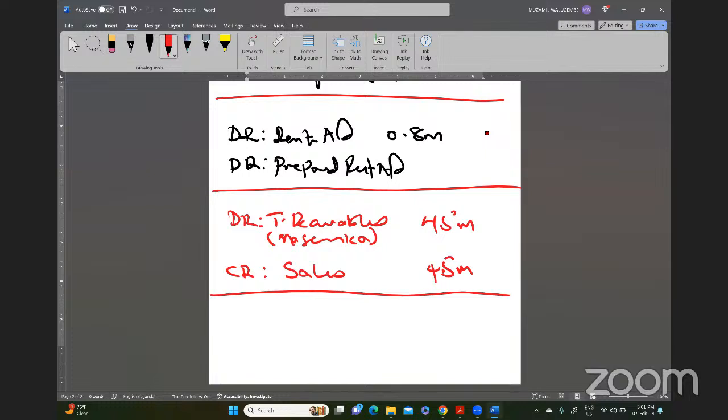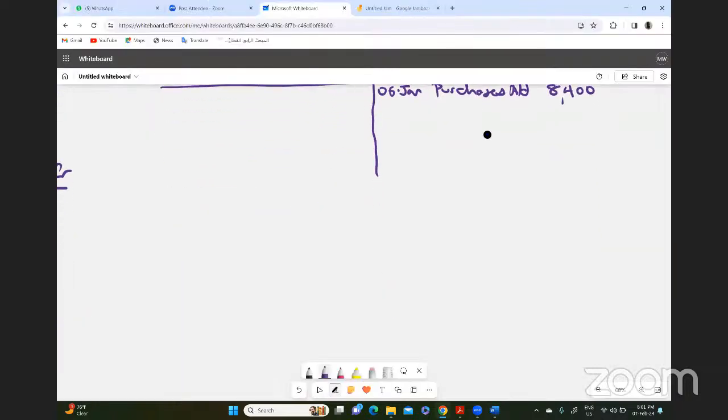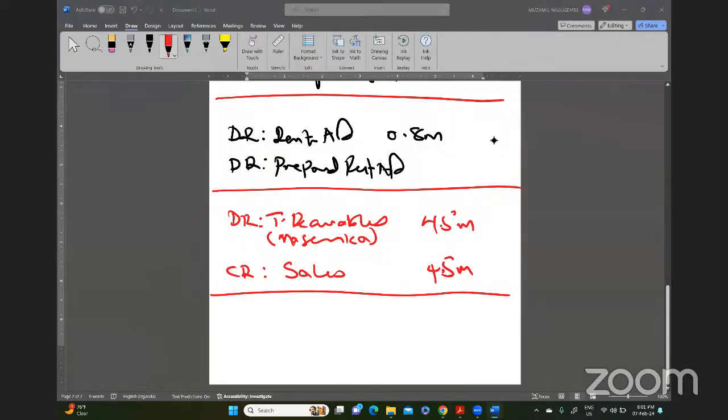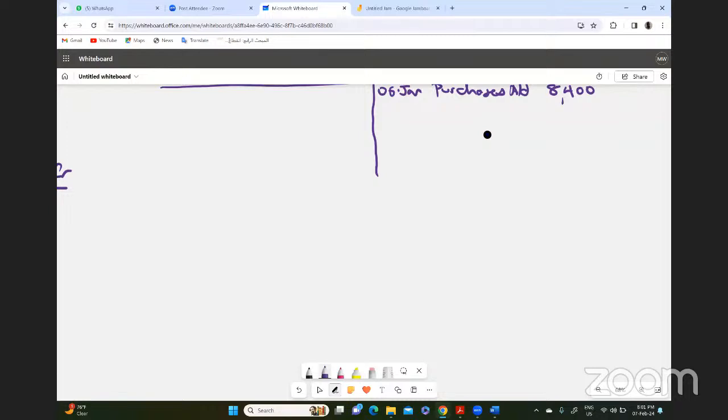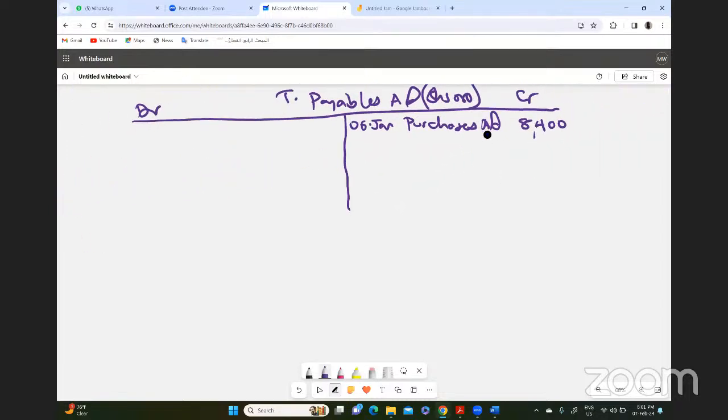So we have trade receivables account, but we don't have a sales account. So we can draw a sales account. We don't have both of them, even trade receivables, okay? So let's draw both of them. Trade receivables and, oh, I was remembering trade payables. Trade receivables.